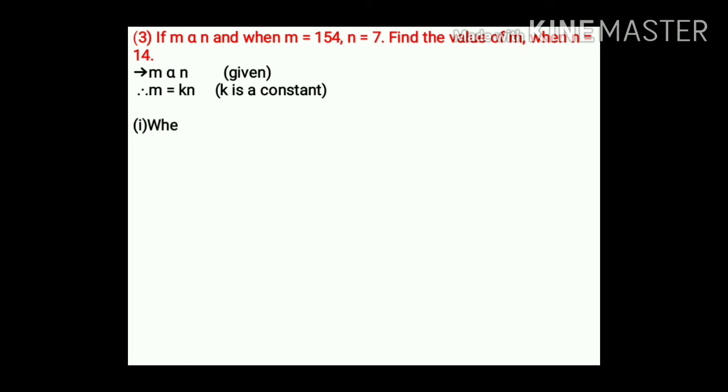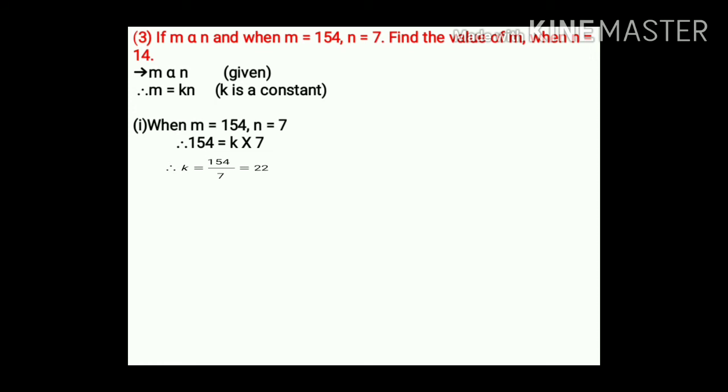When M equal to 154, N equal to 7, therefore 154 equal to K into 7, K equal to 154 upon 7.